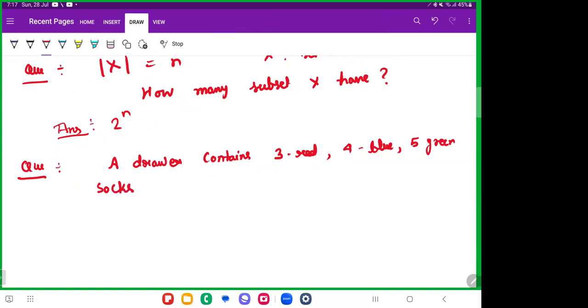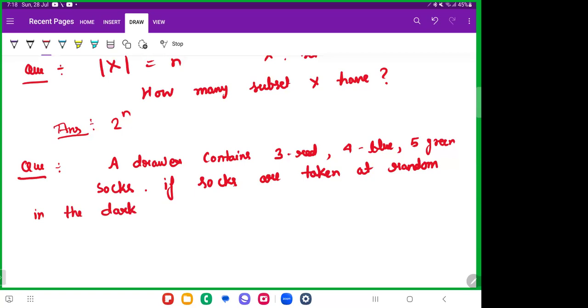If socks are taken at random in the dark, what is the minimum number that you will have to take to get a pair of same color?